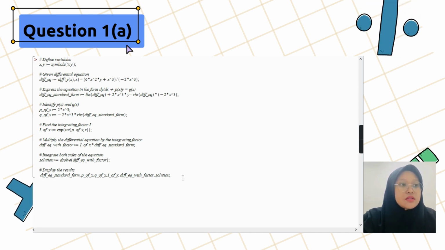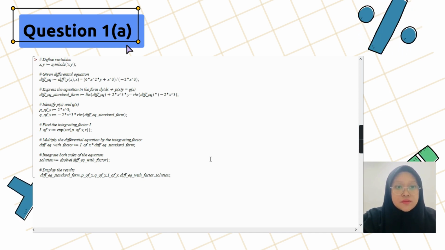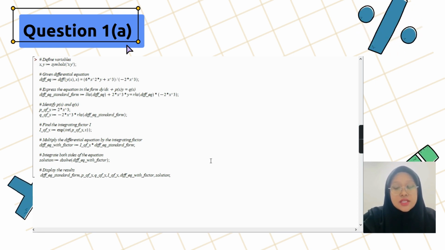After that, we find the integrating factor and multiply the differential equation by the integrating factor, and also integrate both sides of the equation, and the display will show the result, and then we get the answer, which is 8x^3 y + x^4 equal to 1.